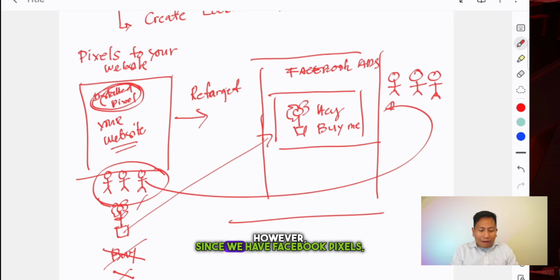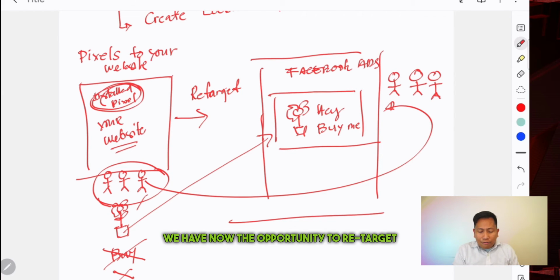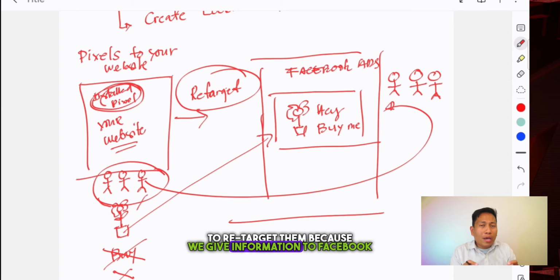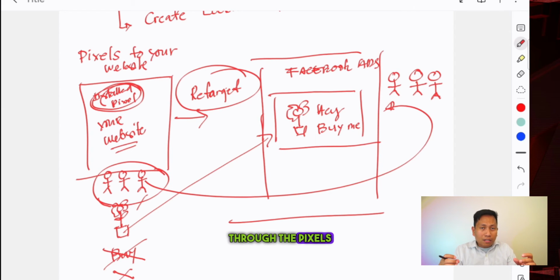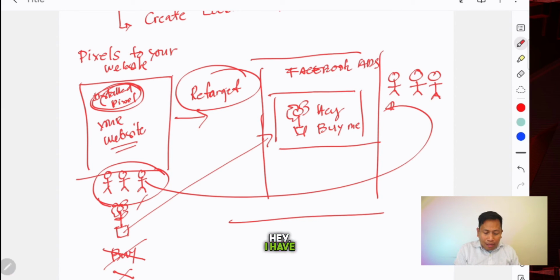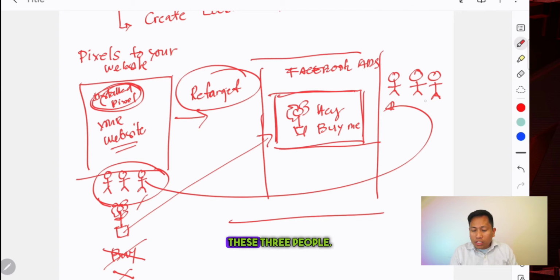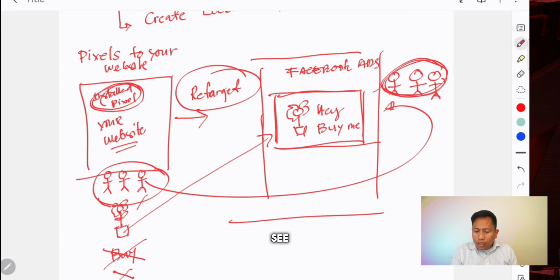However, since we have Facebook pixels, we have the opportunity to retarget them, because we give information to Facebook through the pixel: hey, I have these three visitors. I want you to show my paid ads to these three people.